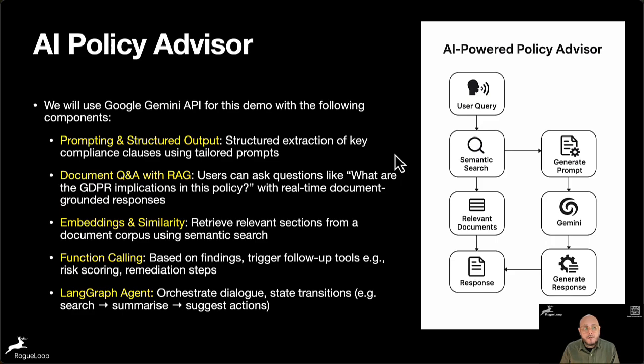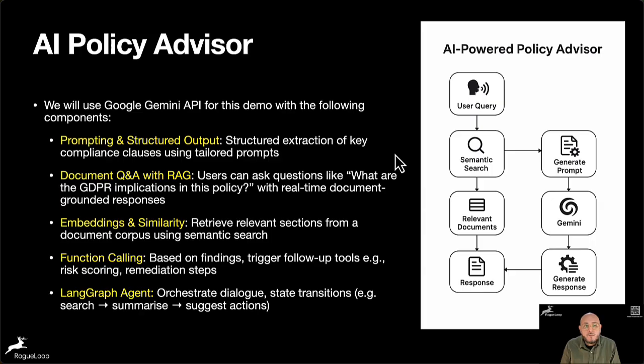We will use Google Gemini's API for this demo with the following components: prompting and structured output, structured extraction of key compliance clauses using tailored prompts, document QA with RAG, where users can ask questions like, what are the GDPR implications in this policy? And this would be done with real-time document-grounded responses.